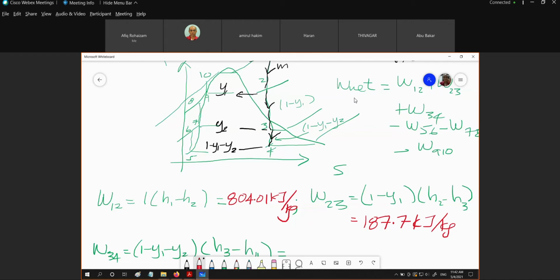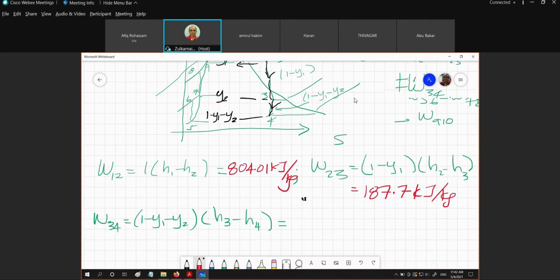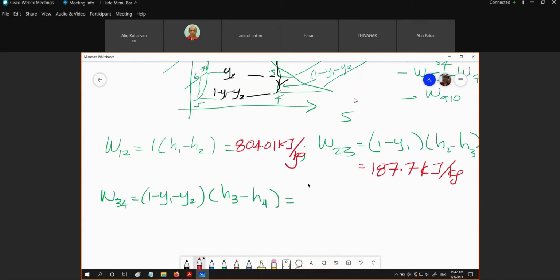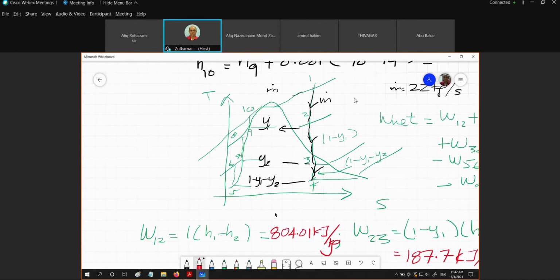And the last part is for W34. 404.5 kilojoule over kilogram. The next, we are going to calculate the pump work, the pumping work.